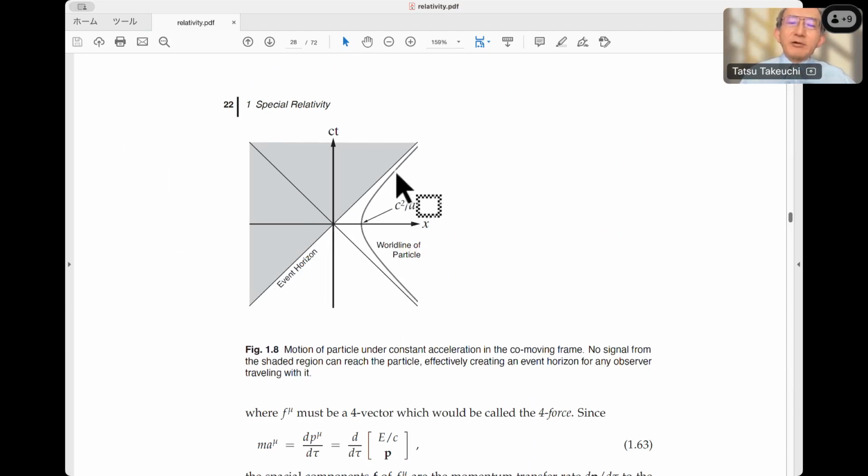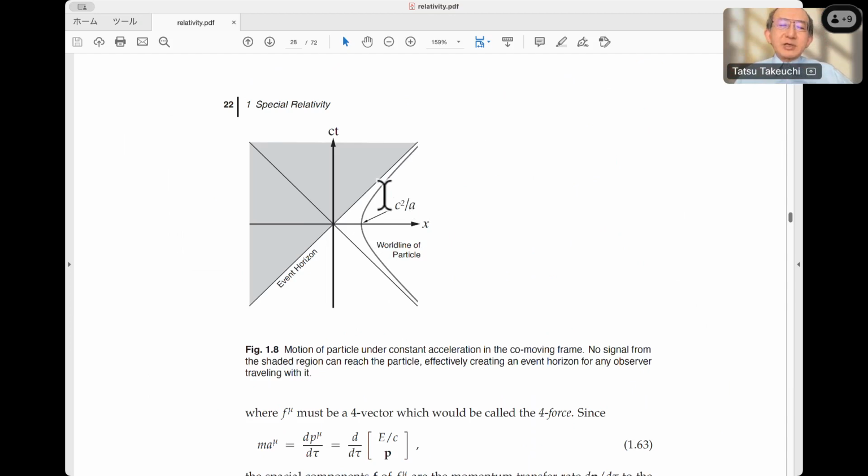Now, if you're following this hyperbola, you are always moving at a speed smaller than the speed of light, because you keep approaching this 45-degree line, but you never become parallel to it. You will keep accelerating and approaching the speed of light, but you'll never reach it.